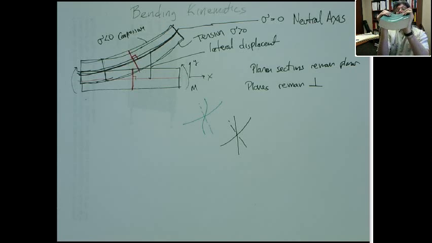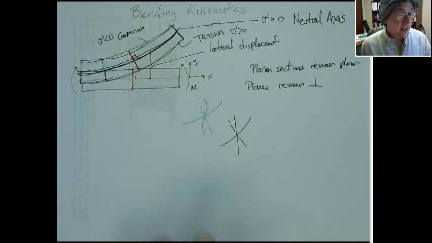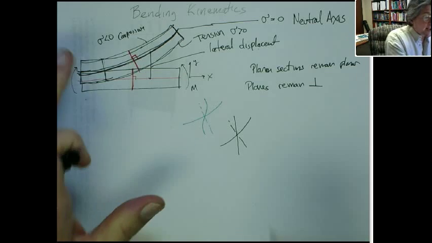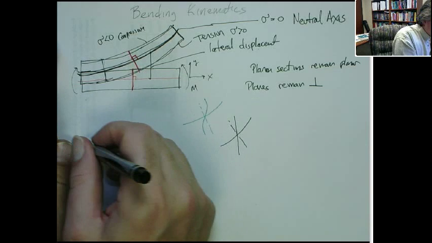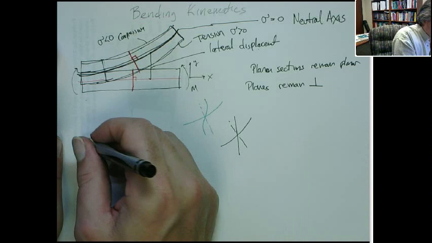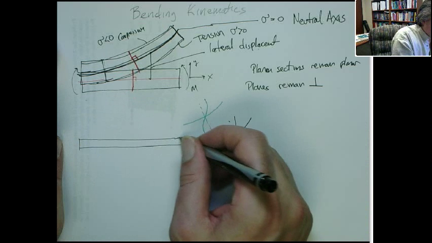This softens the deformation. This is what we call shear deformation, and we'll study that in the next chapter. But for now, our basic assumption is that it doesn't exist and that the planar sections remain planar and perpendicular. Now, where you see that idealization is in very long, slender beams.